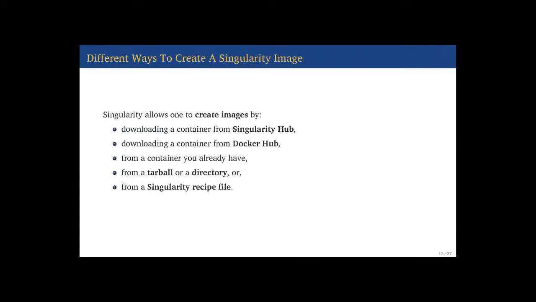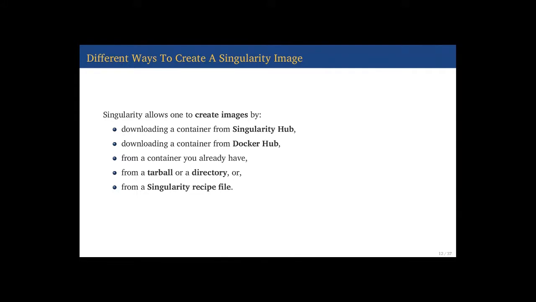So you can make images by downloading a container from Singularity Hub. Singularity Hub is a site they've set up where people can share their Singularity recipe, which is the bottom bullet, and those recipes are instructions on how to make an image from scratch or from existing images.